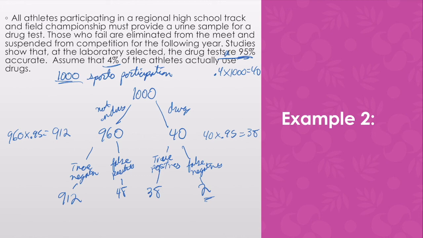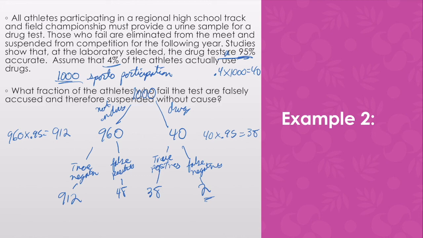So what if I want to know what fraction of the athletes who fail the test are falsely accused and therefore suspended without cause? So we need to take all the athletes who fail the test, which would be these 48 and these 38, right? They failed the test, so that gives me 48 plus 38, which is 86.